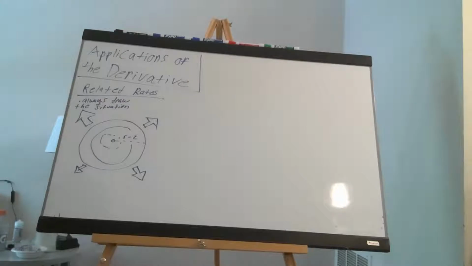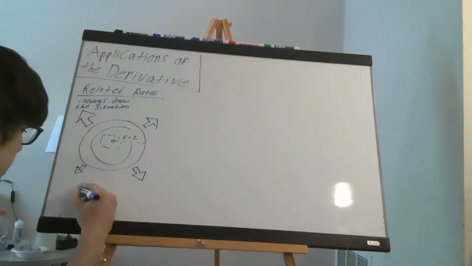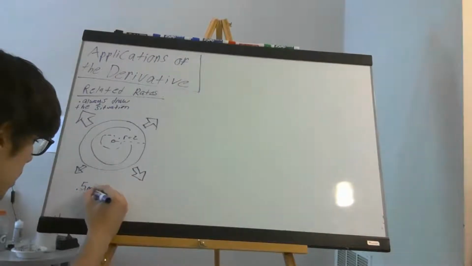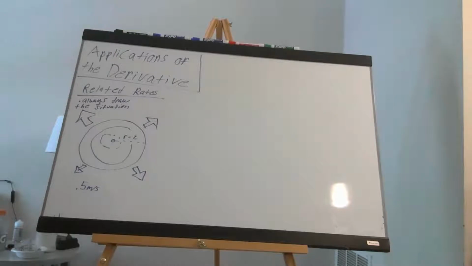So let's read the first example. A golfer hits a ball into a pond of still water, causing a circular ripple, as shown in figure 2, which I just drew for you. If the radius of the circle increases at the constant rate of 0.5 meters per second, so we're going to write that down, .5 meters per second.